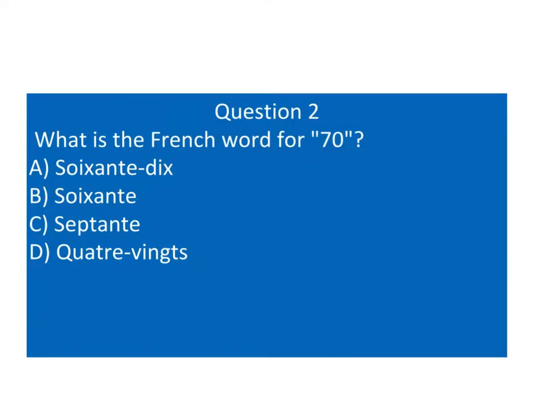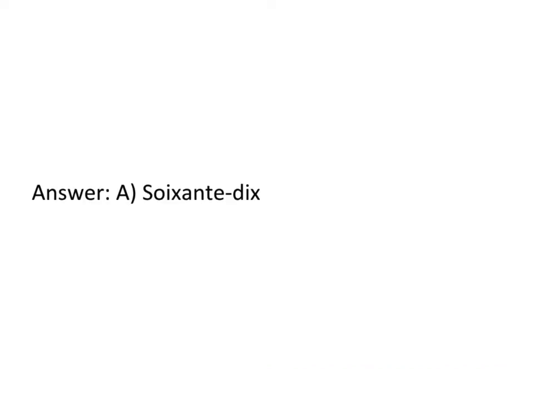Question 2. What is the French word for 70? Remember 70. A. Soixante-dix. B. Soixante. C. Septante. D. Quatre-vingts. What is the answer? The answer is A. Soixante-dix. 60 plus 10, 70.